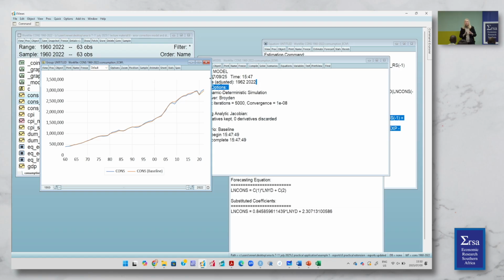So for forecasting, these are all still 100%. The Lucas critique does not affect that. But if you want to do policy analysis, what does the Lucas critique tell us? If you implement a policy change, the parameters of the model will change, potentially.